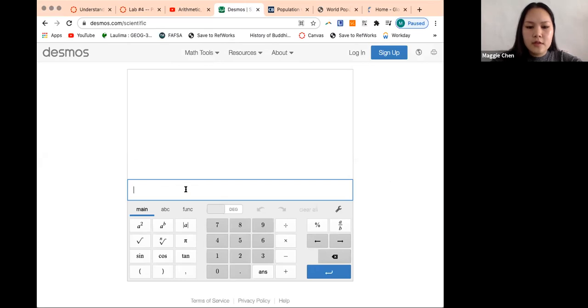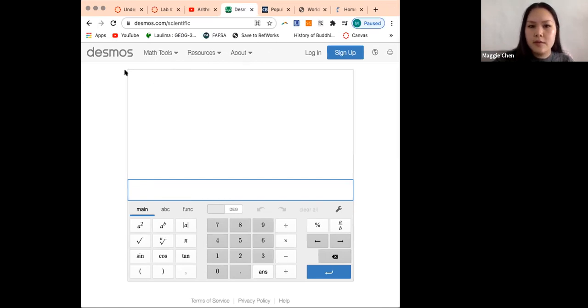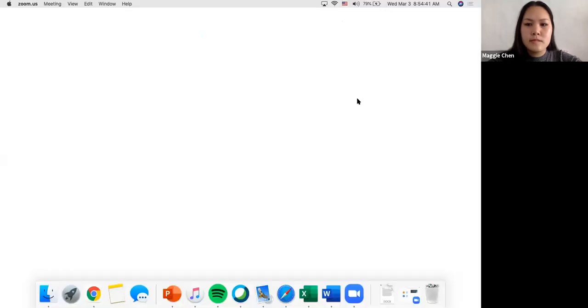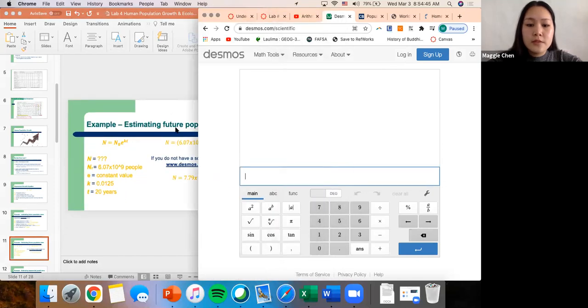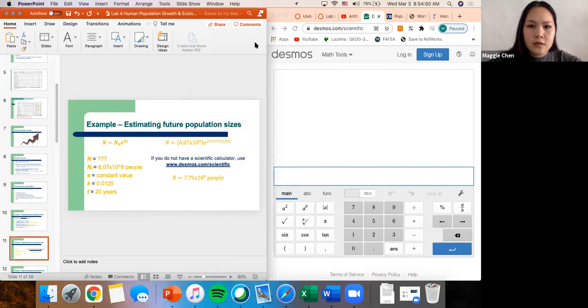When you type in Desmos, it's going to look like this, desmos/scientific. If you wanted to type it into Desmos, it would look something like this.